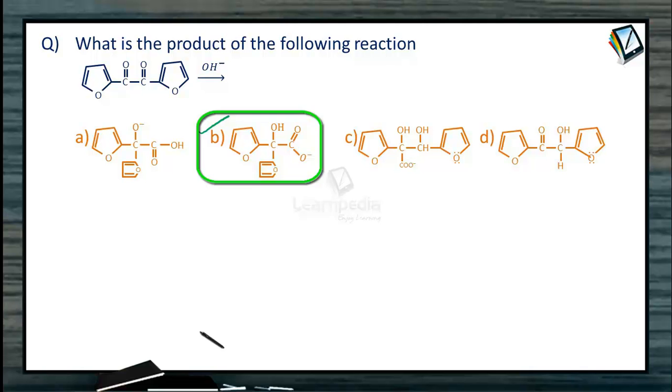When we see the mechanism by which this reaction goes, we find this is C6H5, C double bond O, C double bond O, a diketone with phenyl groups, and OH minus attacks. It is a symmetrical compound, so it can attack at any position.